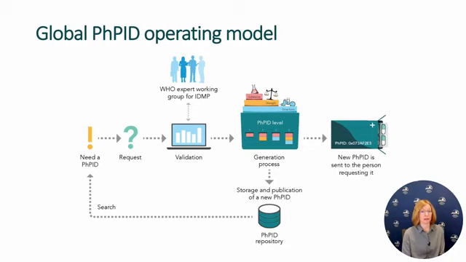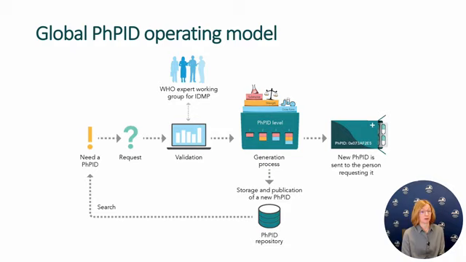The business rules for global PhPID creation, as well as the operating model that you can see here, have been developed in collaboration with the Global IDMP Working Group, consisting of experts from many different countries, as I mentioned before. So if a pharmaceutical product lacks the required PhPID, a search can be made in the PhPID repository.